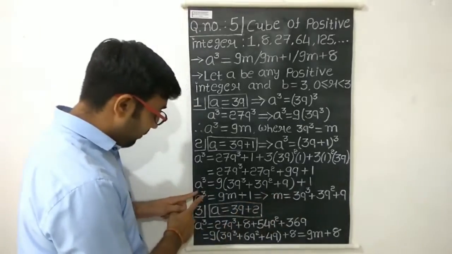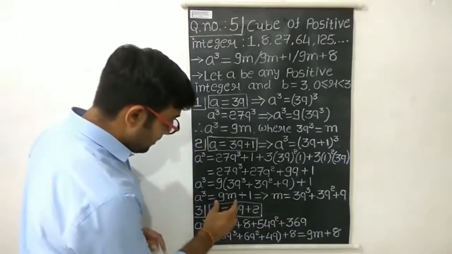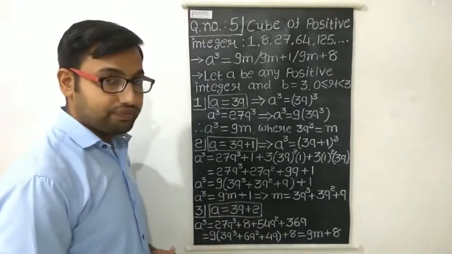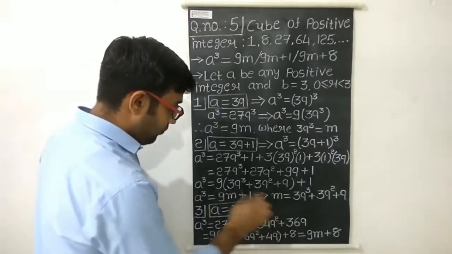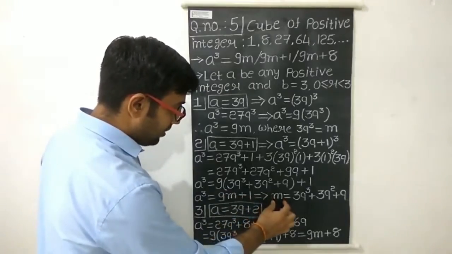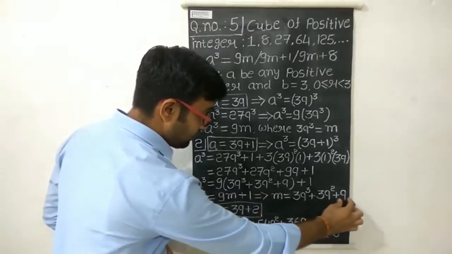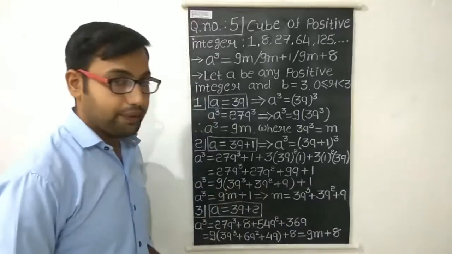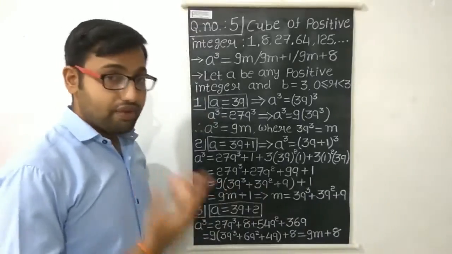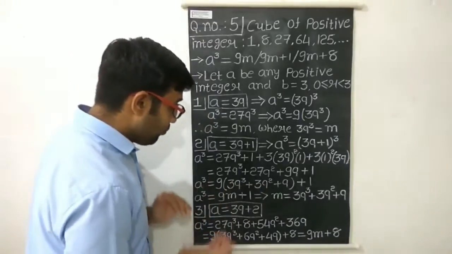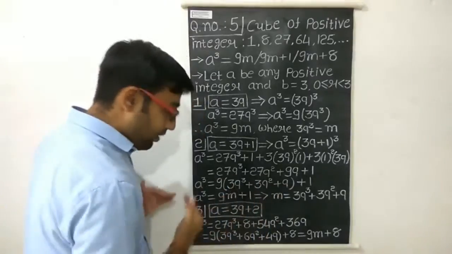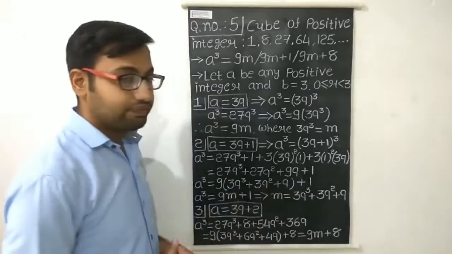Cube of a positive integer a is in the form of 9m plus 1. So instead of 3q cube plus 3q square plus q, we put the value m. Now you may have a question in mind: why do we not take q as a common, because q is also there?